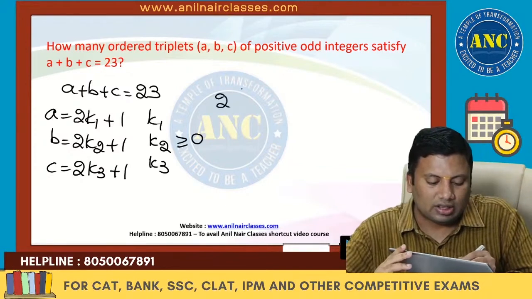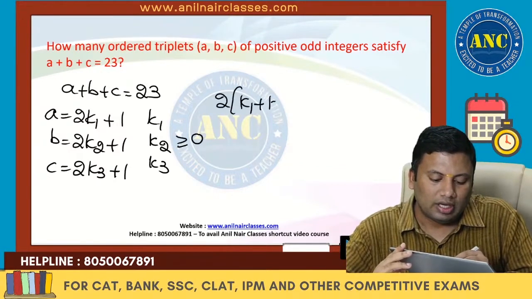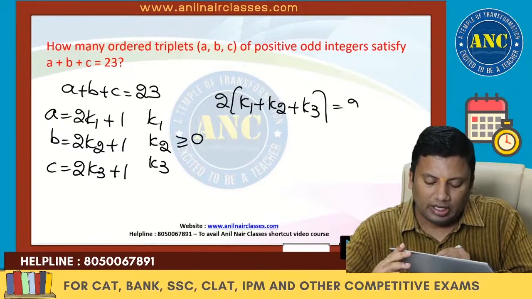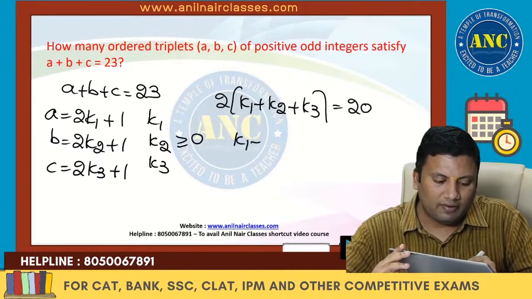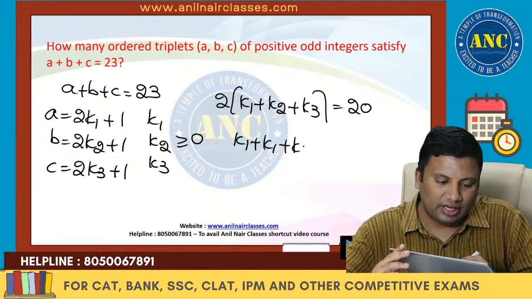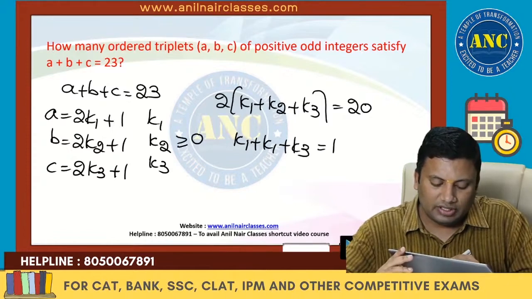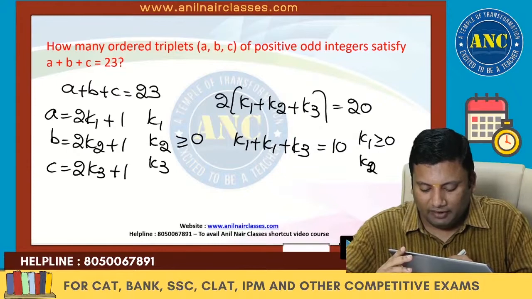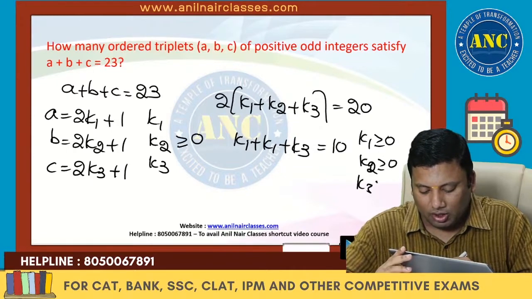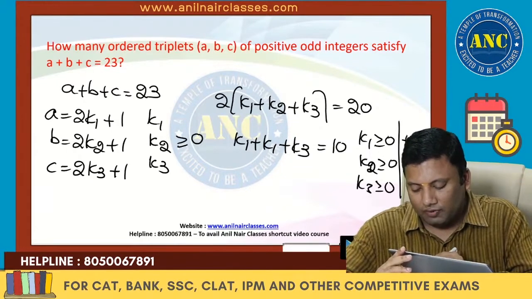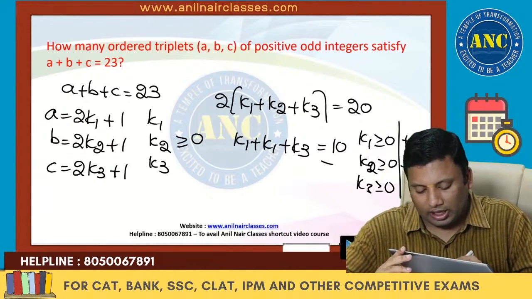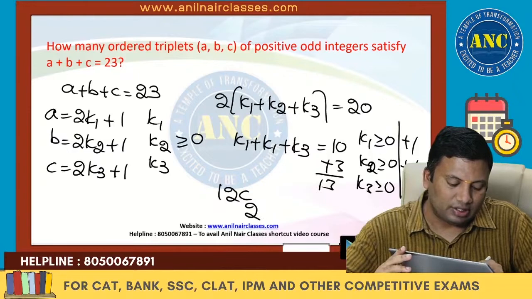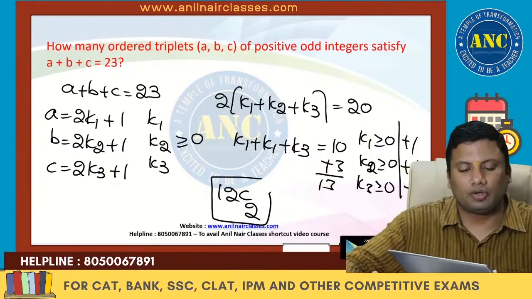So 2 into (k1 plus k2 plus k3) plus 3 is 23, giving 20. So k1 plus k2 plus k3 is 10. These all start from 0. If it starts from 0, what should we do? We should add 1. So 10 plus 3 is 13. 13 means again 12C2.